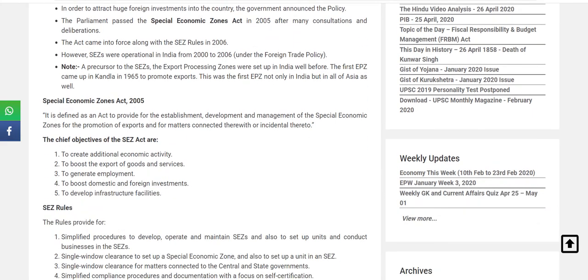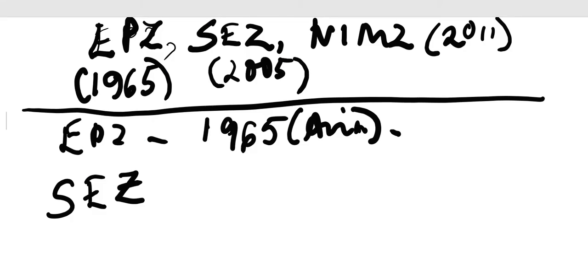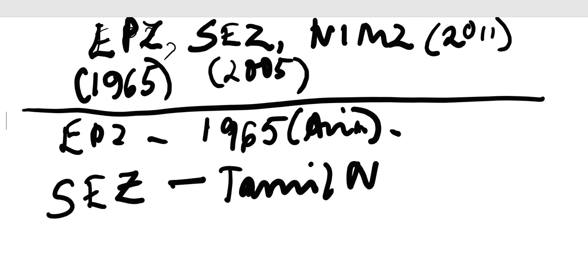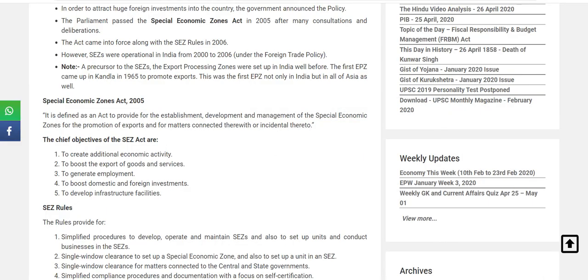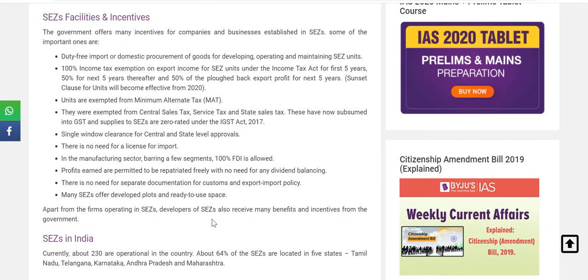Now the maximum number of SEZs is in Tamil Nadu. As of now, around 238 SEZs are operational, and 64% of these SEZs are located in 5 states.